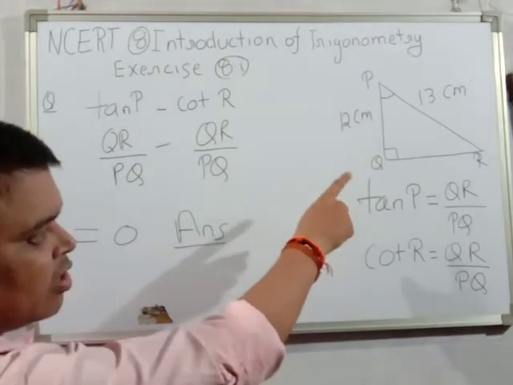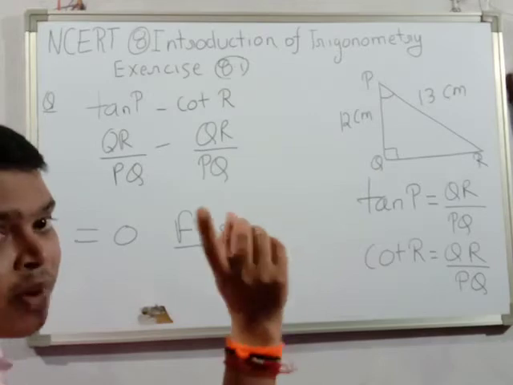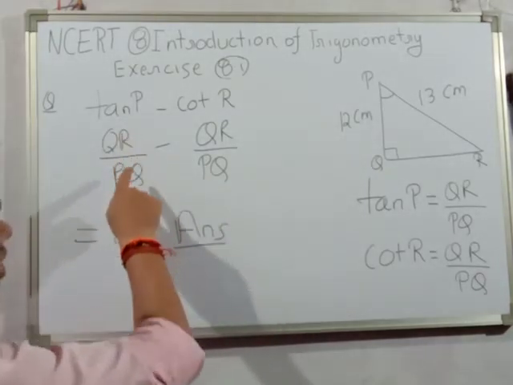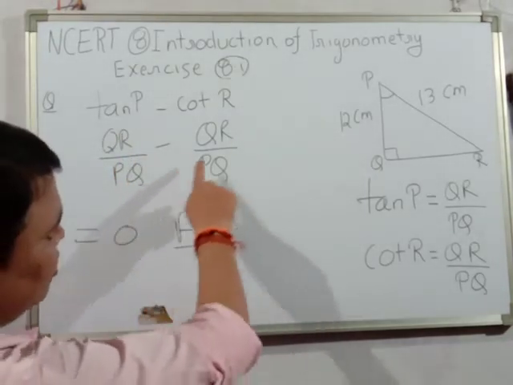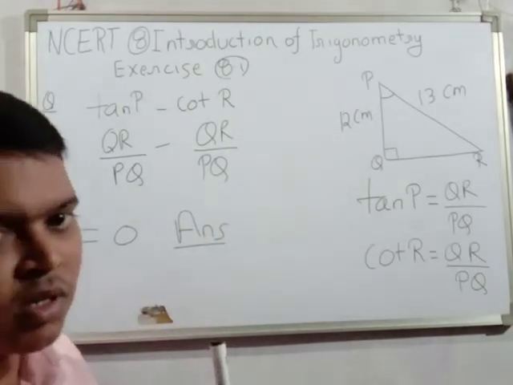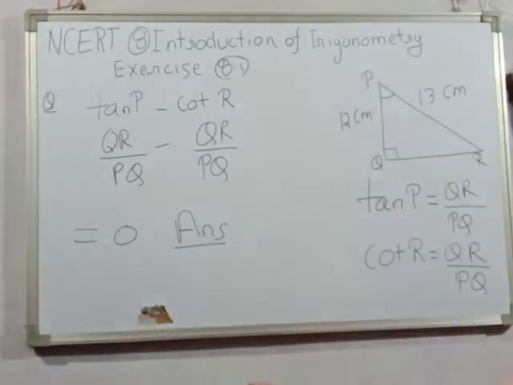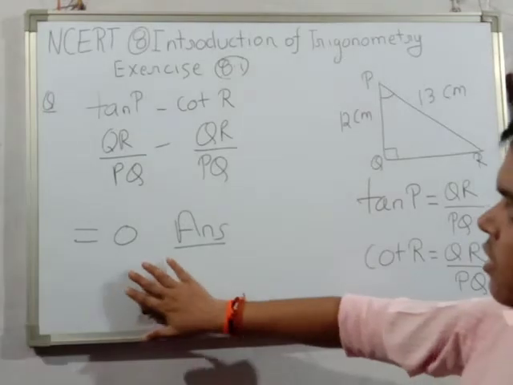We get the value of QR is 5. So this is 5 by 12, and this is also 5 by 12. 5 by 12 minus 5 by 12 is 0. We can solve this question this way also. So I think it is clear.